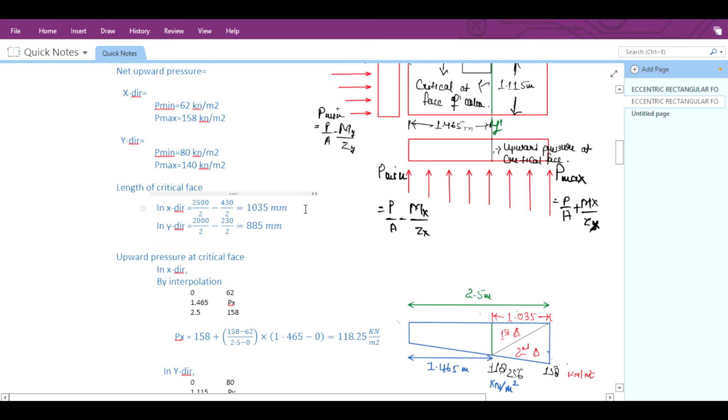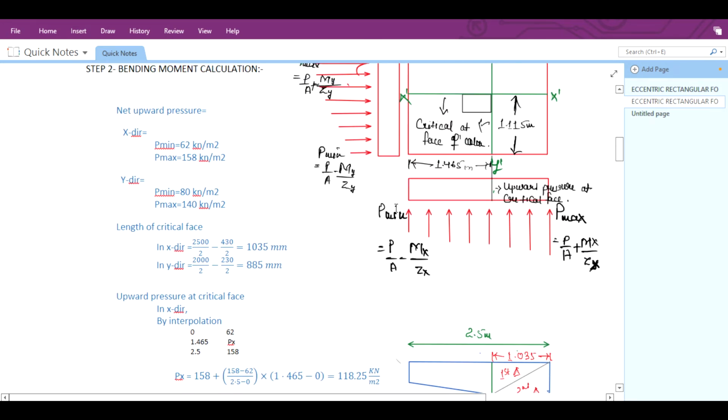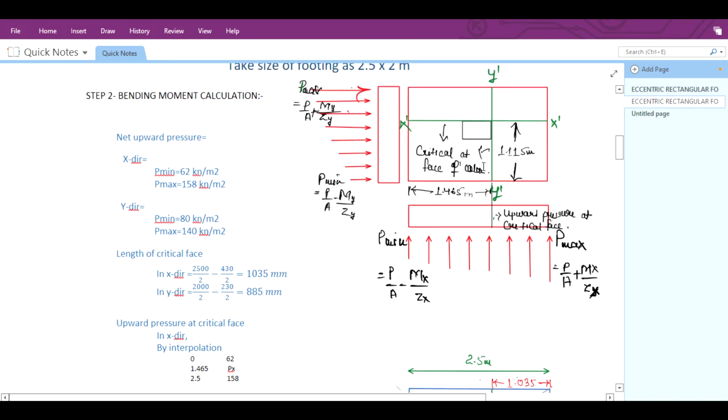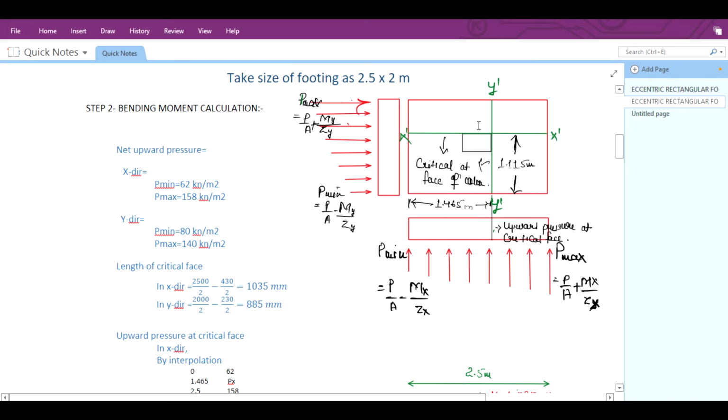Okay, so the length of the critical phase for the x direction will come as 2500 by 2, so it will come at the center of the column, minus 430 by 2, so it will come as 1035 mm.